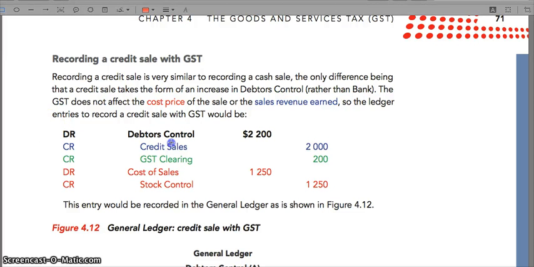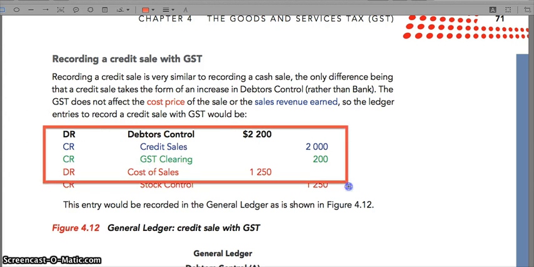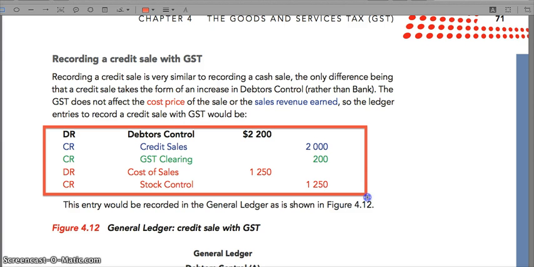Here, as we were talking about today, except we were talking about cash transactions, the only difference is that this debtors control is where the asset is realised for $2,200. Then we've got it split out, $2,000 as credit sales and $200 as GST clearing.